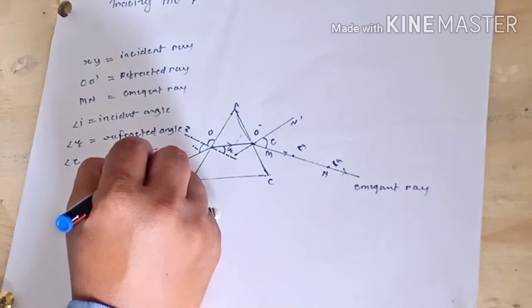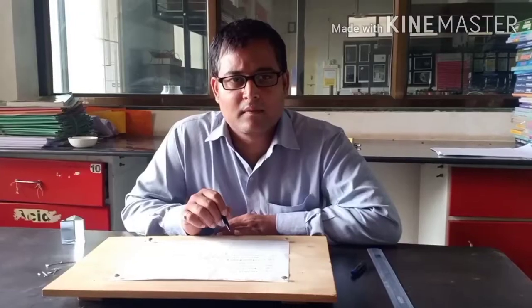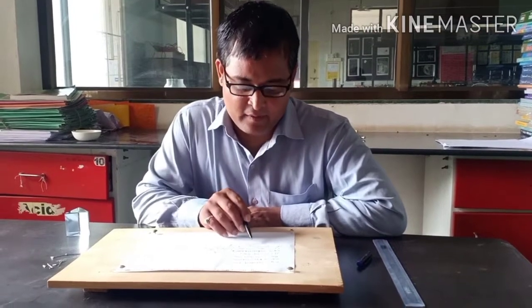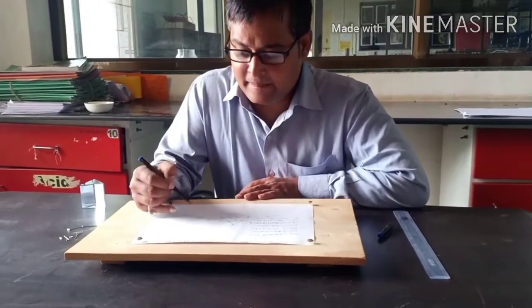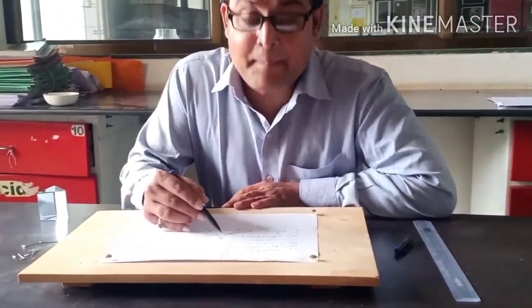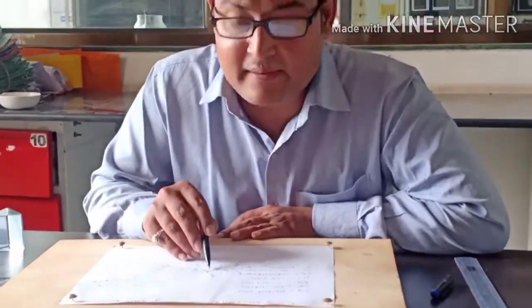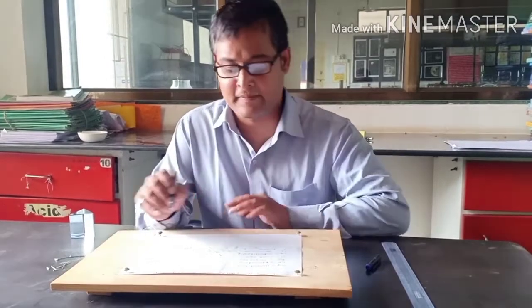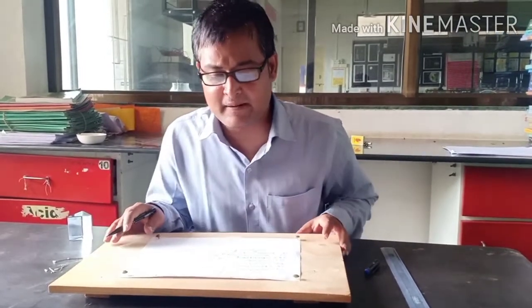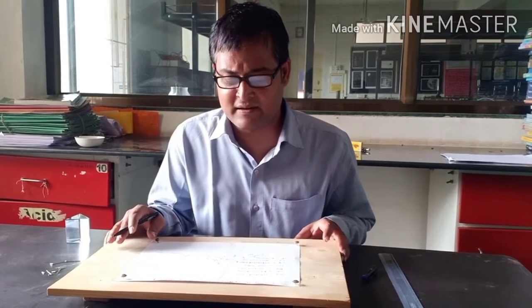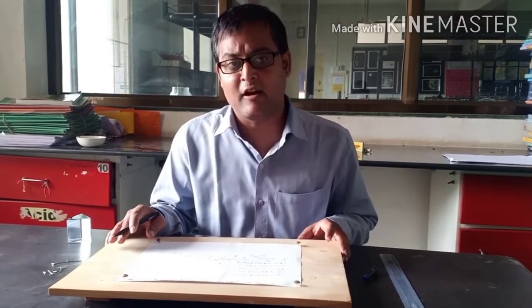So dear student, what is meant by angle of deviation? When the incident ray and the emergent ray appear to meet inside the prism, one angle is formed that is called the angle of deviation. So in this experiment, you can observe the angle of incidence, angle of emergence, angle of refraction, angle of deviation.